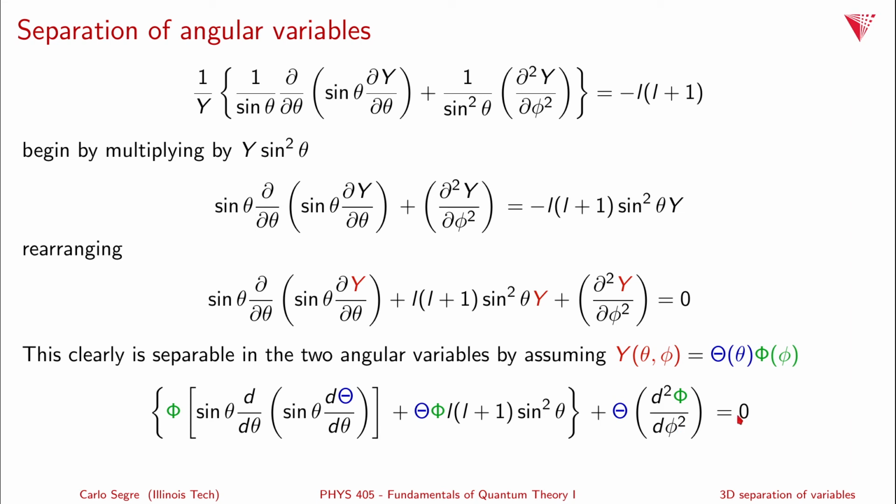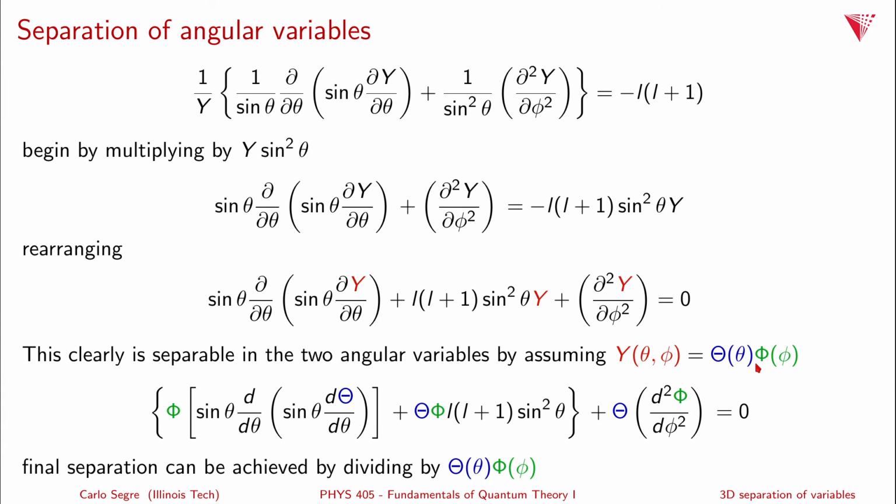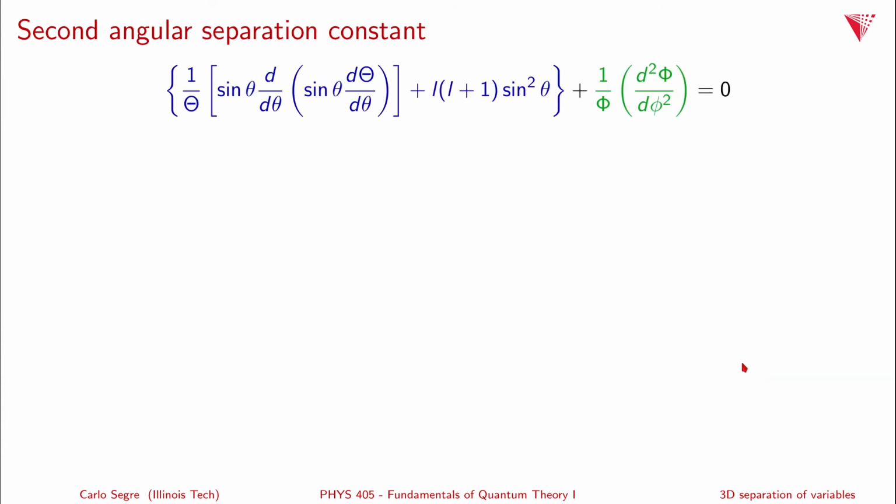All that remains now is to divide by Theta Phi, and we get final separation of variables, which gives us 1 over capital Theta sine theta, d by d theta of sine theta d capital Theta d theta, plus L(L plus 1) sine squared theta, plus 1 over capital Phi d squared capital Phi d phi squared, and that is equal to 0.